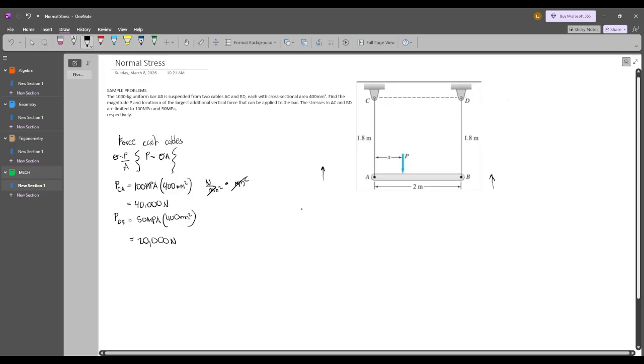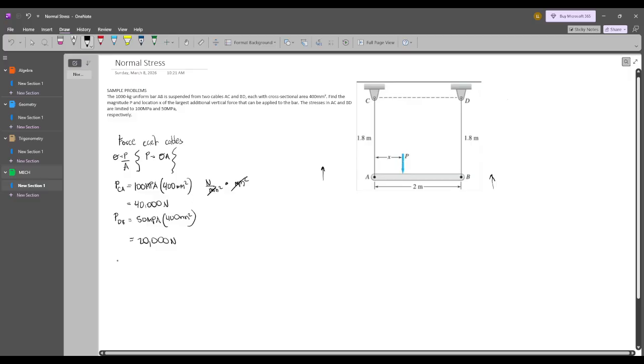Now we need to find the P in relation to the bar. So how do we do that? Well, we already have the forces of each cable, which go upwards. We are also given a value of the weight, which is just 1,000 kilograms. Now we can't use that yet, so we have to convert it into a usable force.